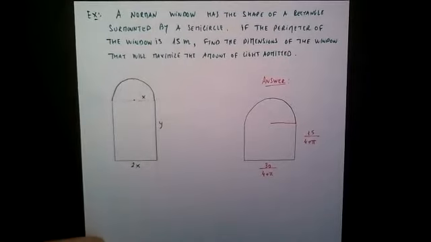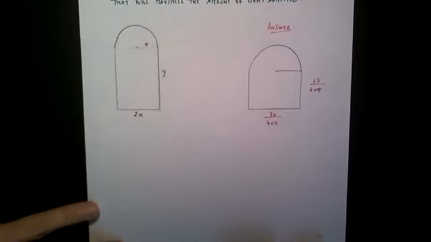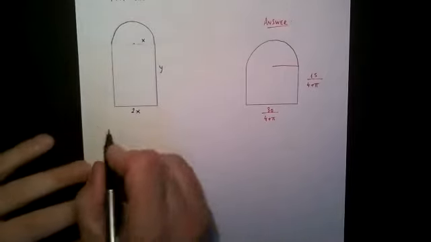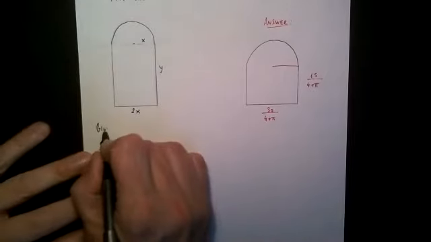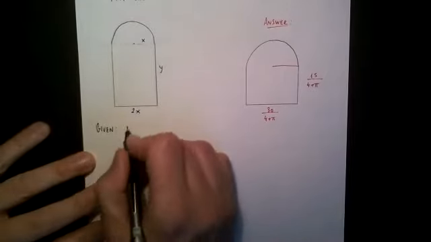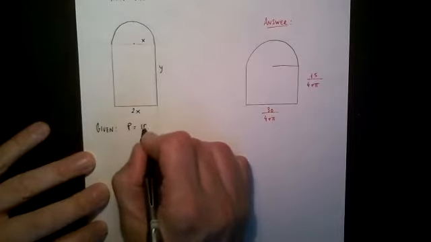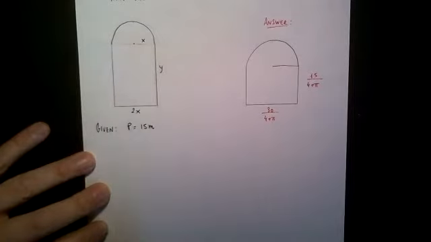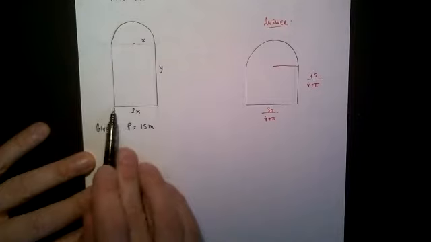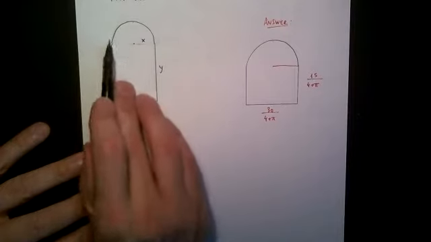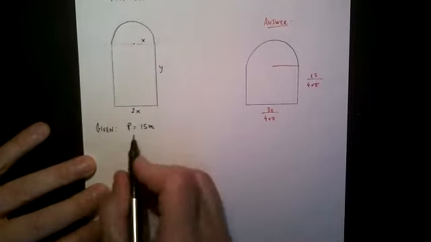Okay, so what's given to me? Let me just move up here because you have the question. What is given is that the perimeter is 15 meters. So I need the perimeter of this shape, which is pretty easy.